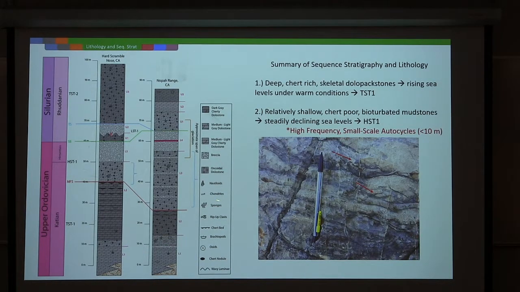Above this maximum flooding surface, we're then seeing relatively shallow, chert-poor, bioturbated mudstones, which indicate steadily declining sea levels, and are also accompanied by high-frequency small-scale autocycles of less than 10 meters. This indicates we're in highstand systems tract 1 throughout these bedded dolomites here.